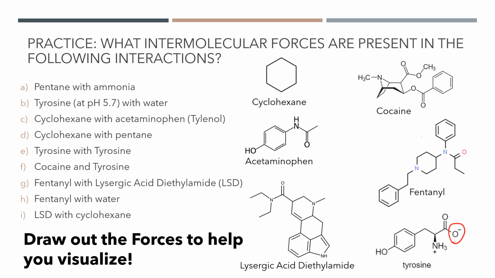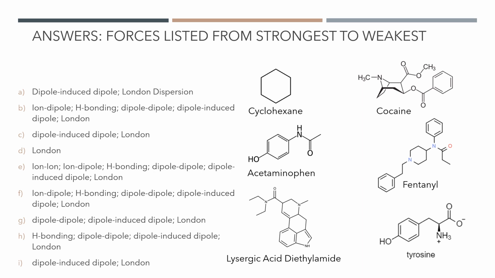They do have a negative and positive charge, so it would be considered ion-ion. Then it could also do hydrogen bonding because of that. And then this guy here, you have one spot for hydrogen bonding, no other spot. So there are your answers.